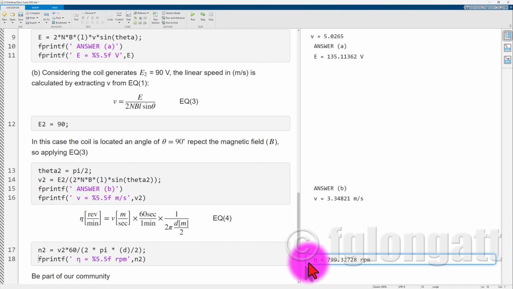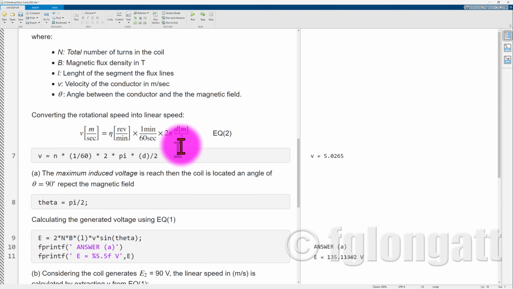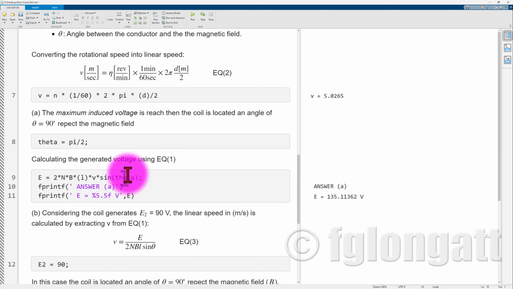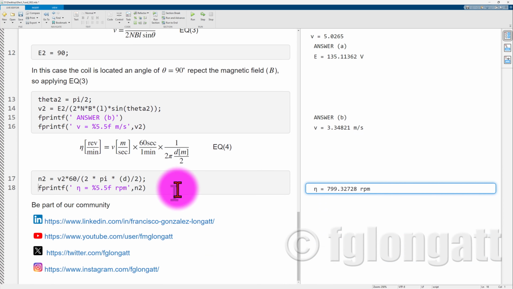But if we decrease the rotational speed to 799 RPM, the induced voltage will be 90 volts. As a consequence, it's very simple to see, my students, that the rotational speed has a very important effect on the induced voltage. And in this example, we clearly demonstrate that.